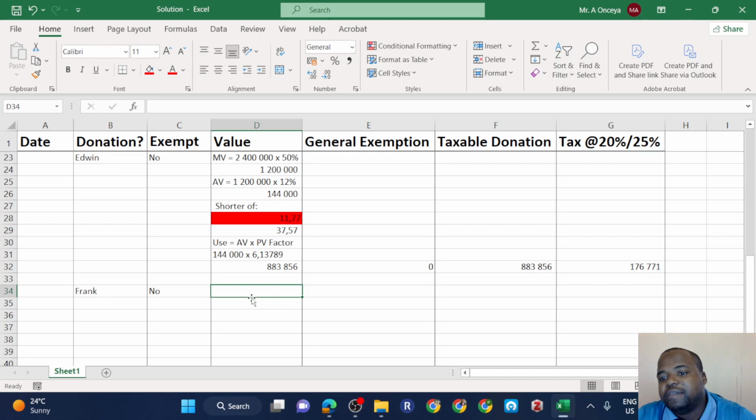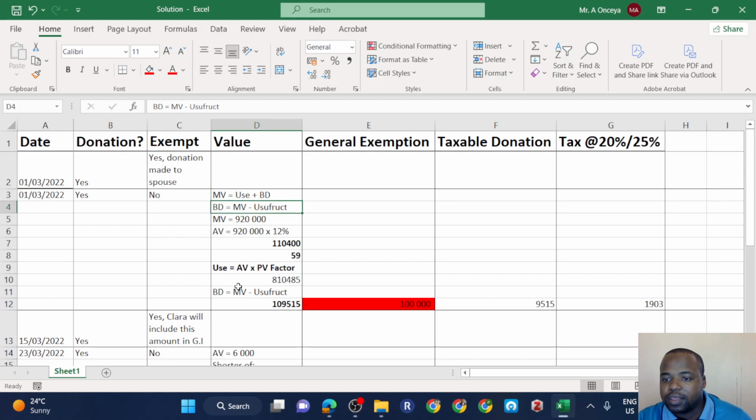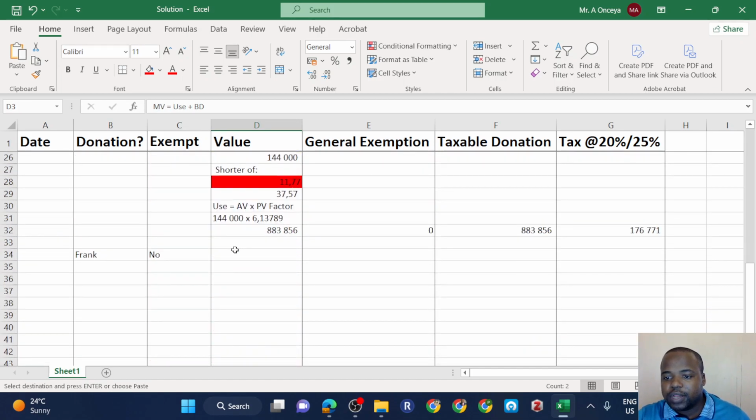And then we determine the value of Frank's bare dominium. As already said here, the market value is equal to the value derived from using the thing plus the value you get from owning it.